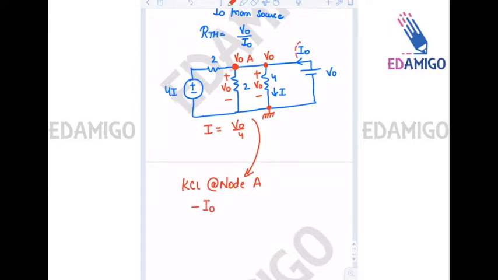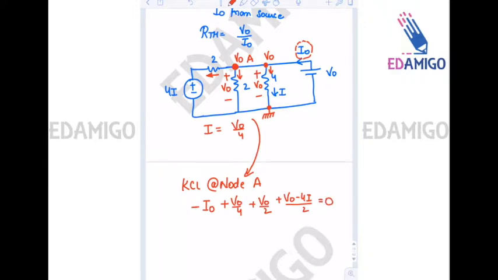Outgoing current here is V0 by 4, outgoing current here is V0 by 2, and outgoing current here will be (V0 minus 4I) divided by 2, that is 0.